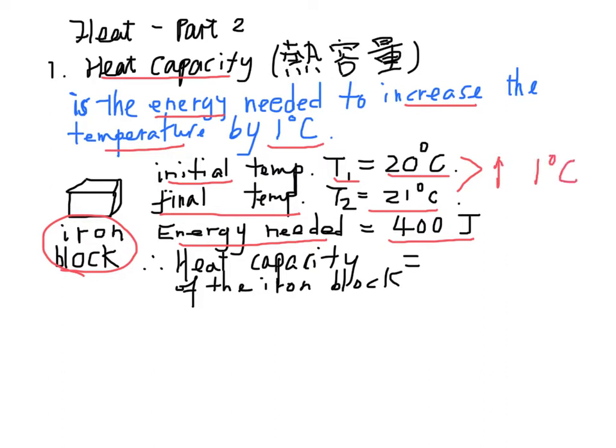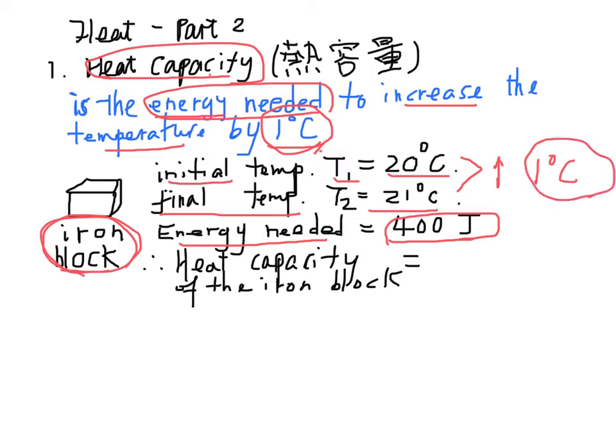Okay? By definition, heat capacity of an object is the energy needed to increase the temperature by 1 degree Celsius. In this case, since 400 joules of energy is needed to increase this iron block by a temperature of 1 degree Celsius, therefore the heat capacity of this iron block would be 400 joules per 1 degree Celsius.